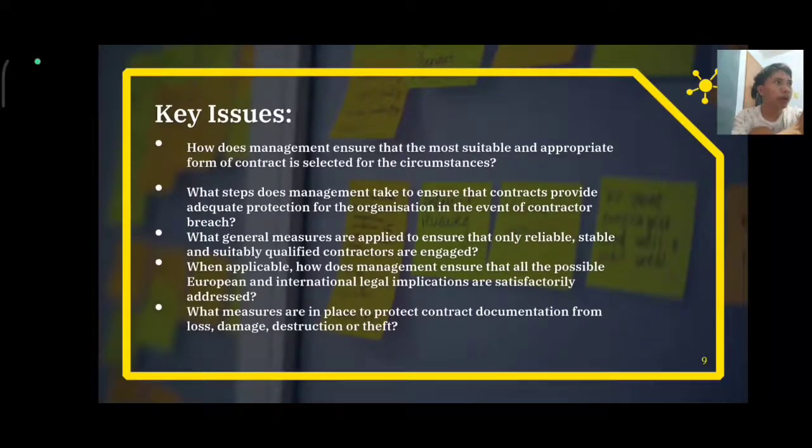Parang ano yung pinaka-basis nila, parang hindi mo nila titingnan kung ano, or ano yung pinaka-basis nila na kung safe ba talaga do sa, yung contract na safe yung contract sa pinaglalagyan nito.